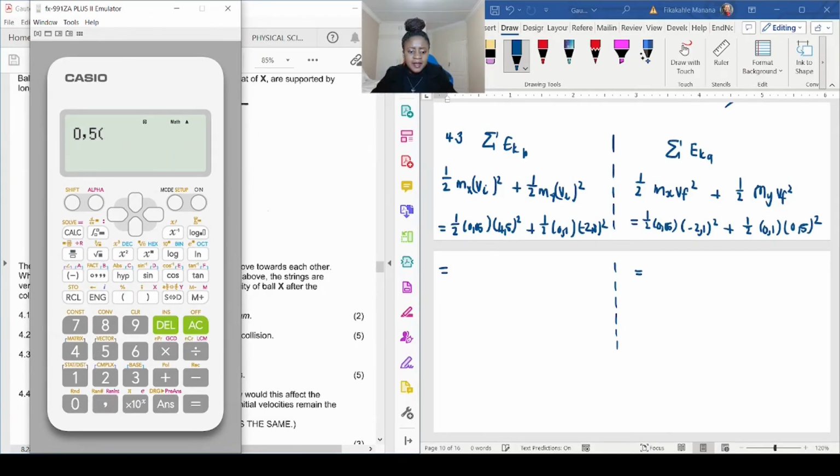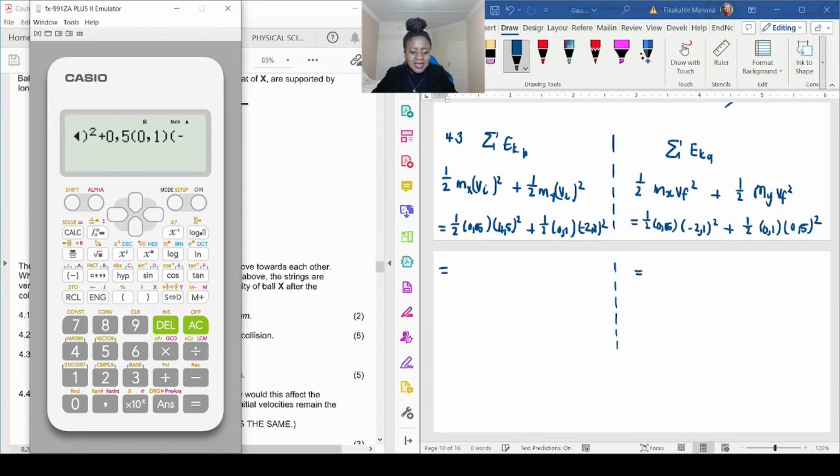So 0.5 multiplied by 0.05 multiplied by 4.5 squared plus, I'm going to put everything in the calculator. That can be risky, but I'm looking at time.